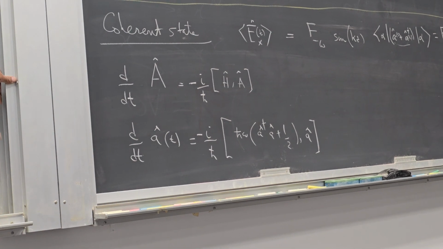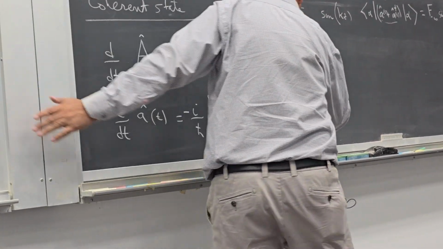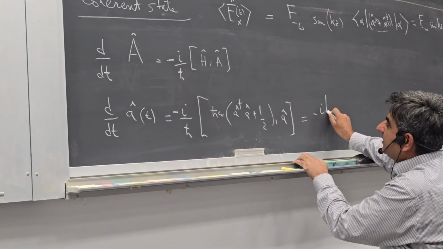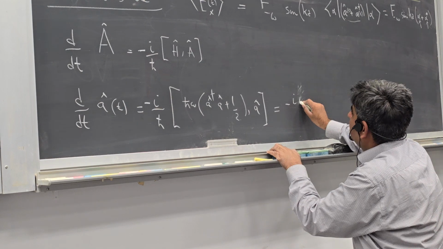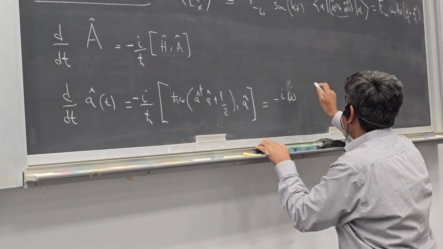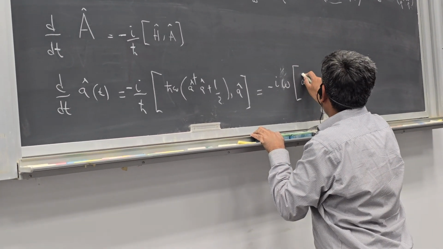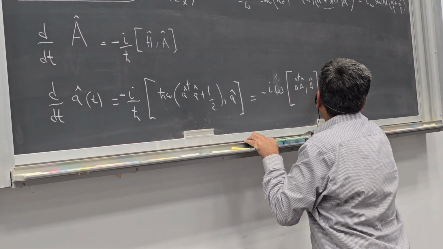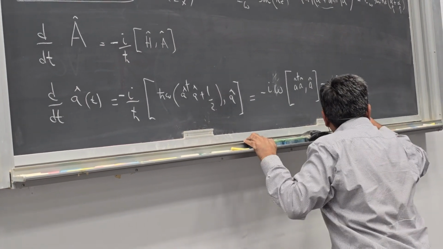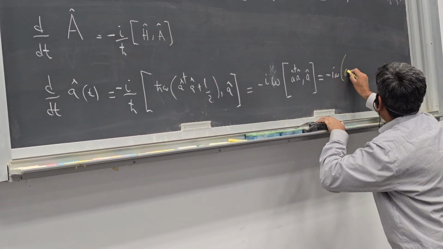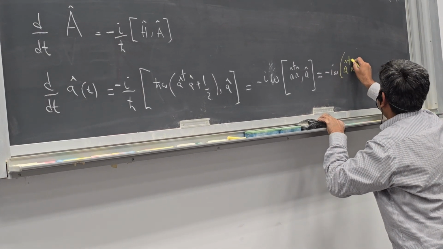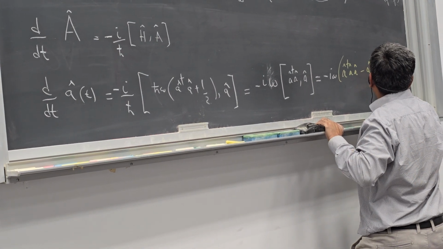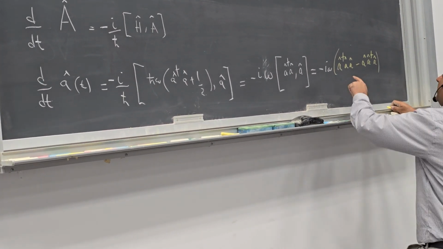All right. So this becomes minus iota h bar minus iota omega commutator of A dagger A with A, minus I omega, A dagger A minus A dagger A. So this is minus one.